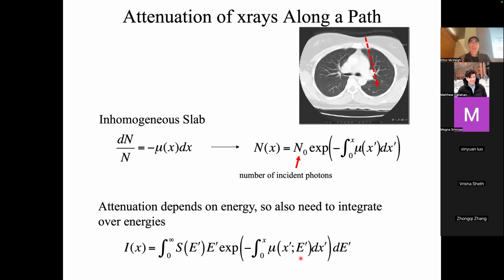So if I want to do this perfectly, I have to know mu at each point, but also the various mu values for each energy, right? And that becomes very hard, right? So we're going to skip around that and pretend that the beam is actually at one energy, and we'll call it the mean energy of that distribution, and we'll go from there. But if you're going to do a big Monte Carlo simulation of exactly what's going on inside, you need to actually use all of this stuff.